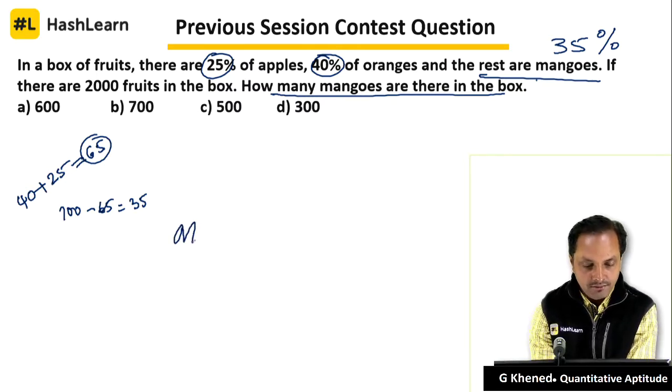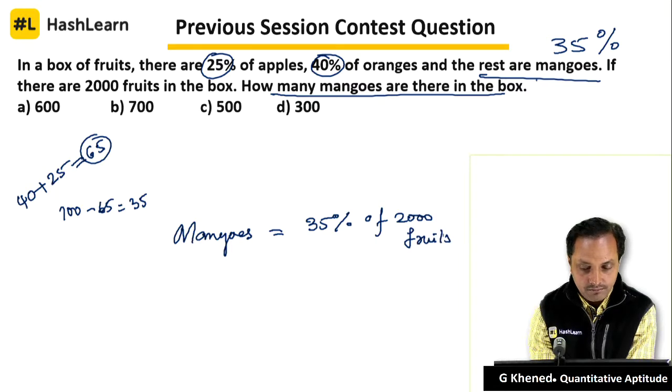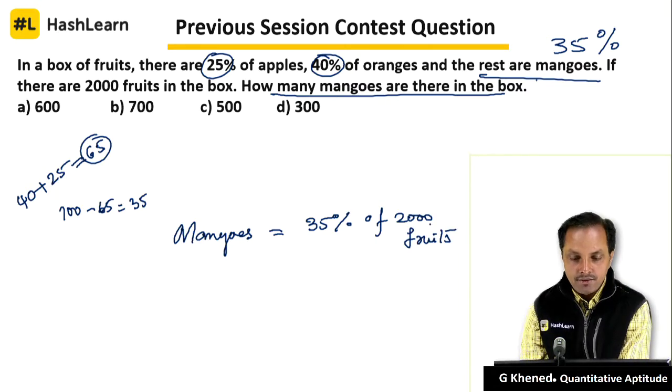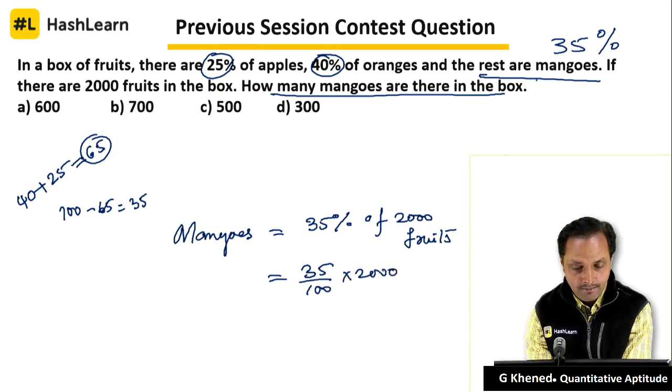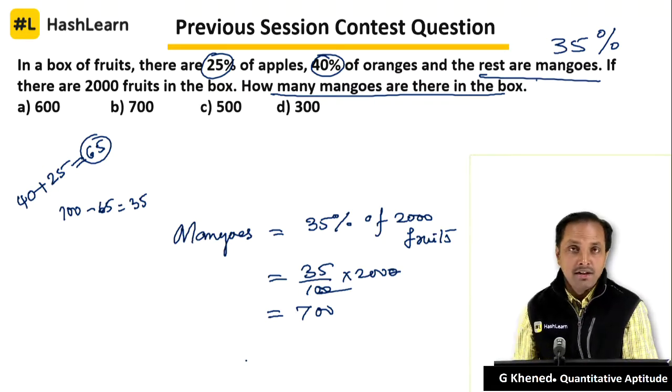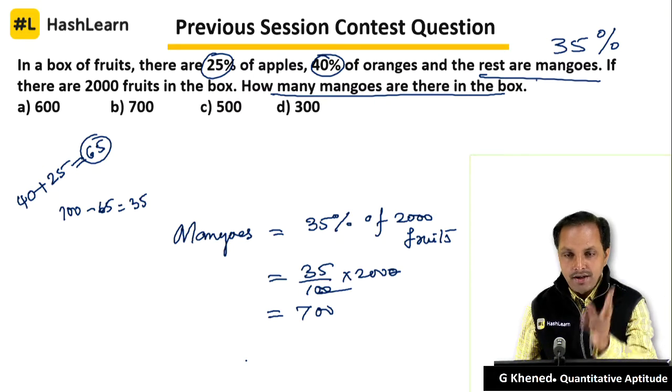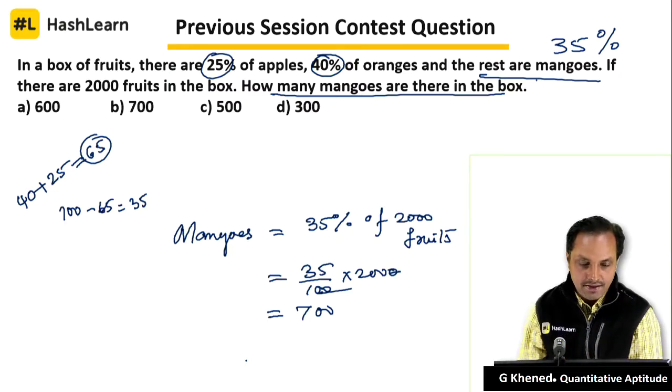Mangoes is 35% of 2000 fruits. So how to find 35%? You know that 10% is 200, 5% will be 100. So you can do 35 by 100 into 2000, or you can take 200 as 10%: 200, 200, 200 plus 100, that is 700, option B.